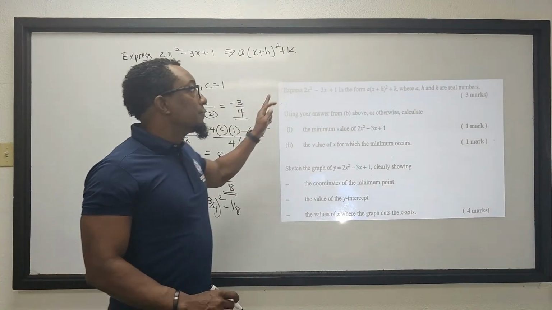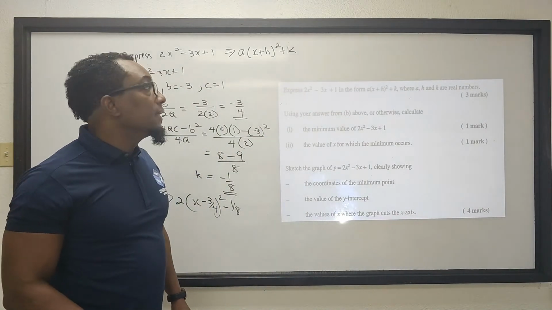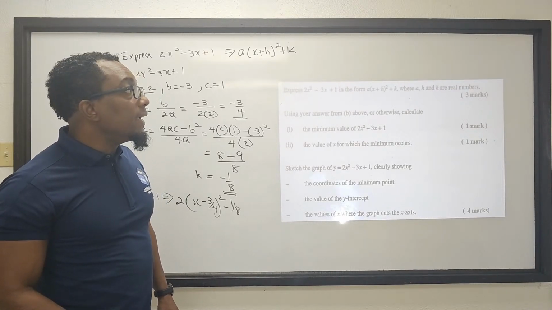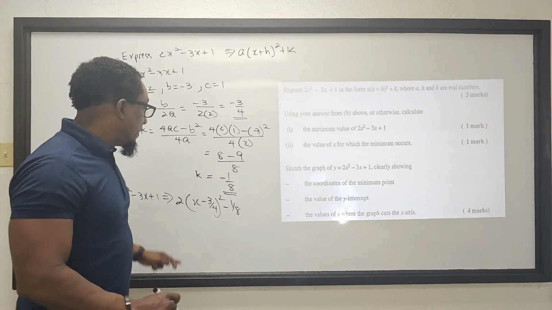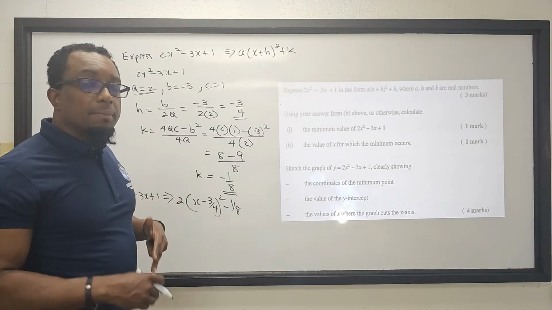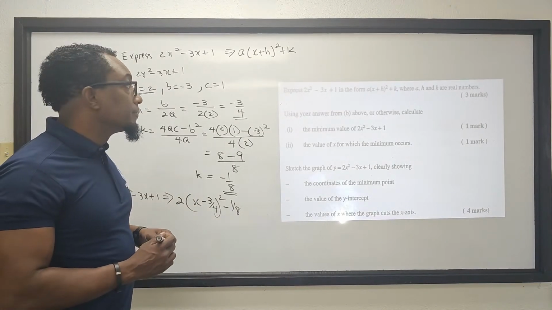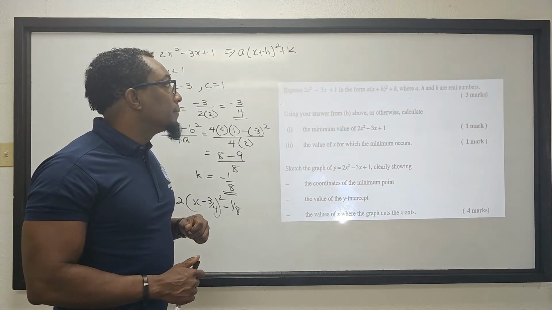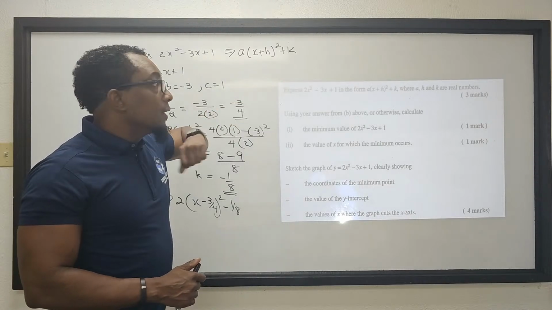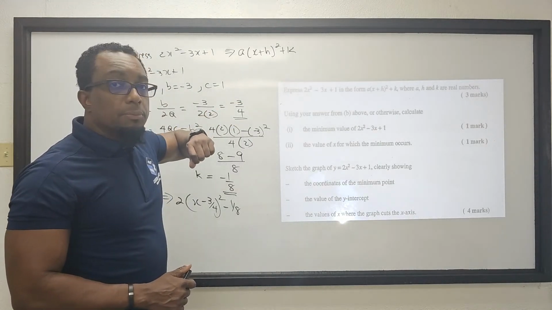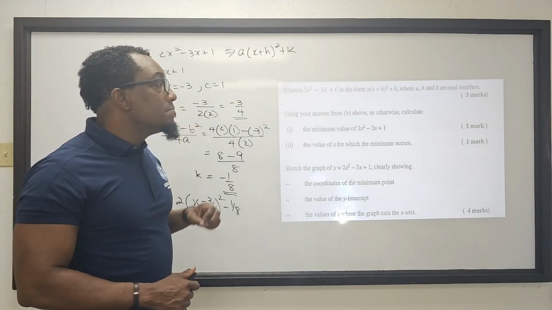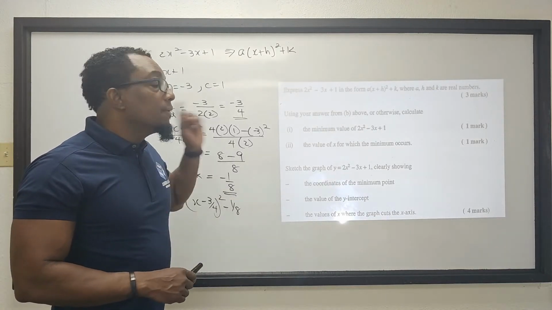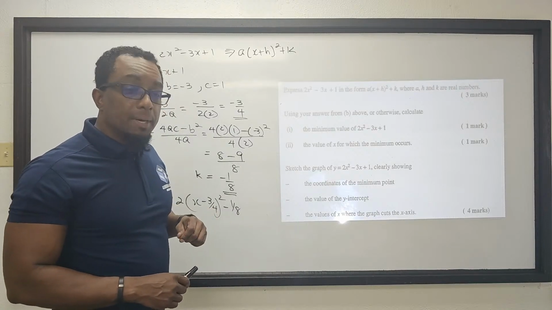This is us converting the quadratic expression into the form a(x plus h) whole squared plus k, where a, h, and k are real numbers, meaning they can be positive, negative, fractions, or decimals. Now they want us to use our answer from part b above, which is what we got previously, to calculate the minimum value of 2x squared minus 3x plus 1 and the value of x for which the minimum occurs.